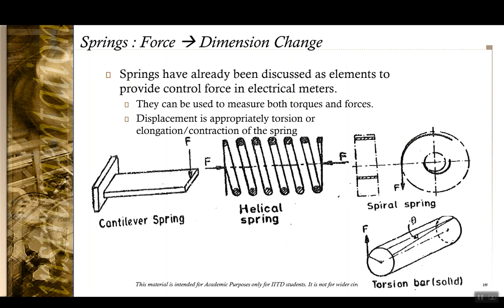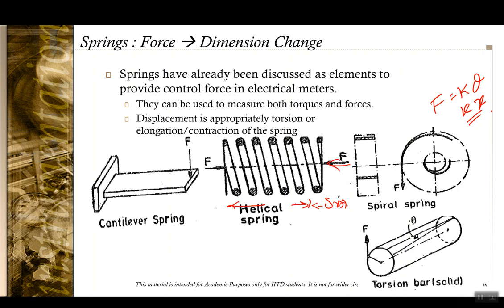And what you might have observed is that the force exerted by the spring is proportional to the displacement. So the change in the length of the spring from its resting position will be proportional to the force being applied.